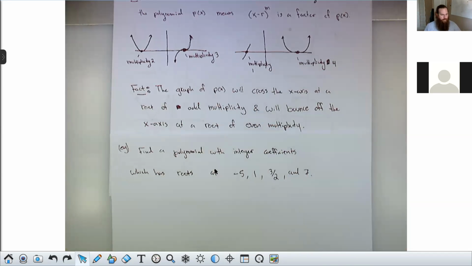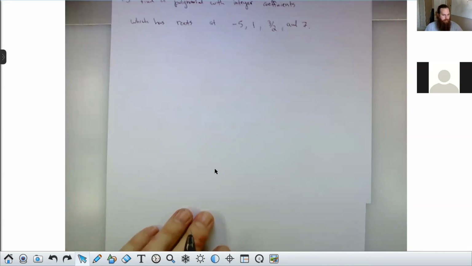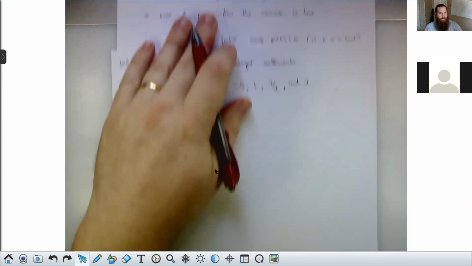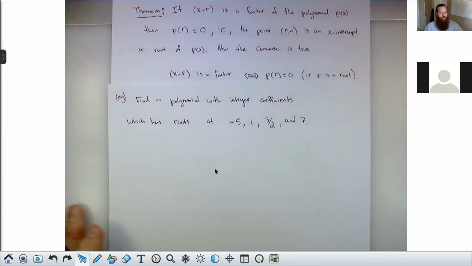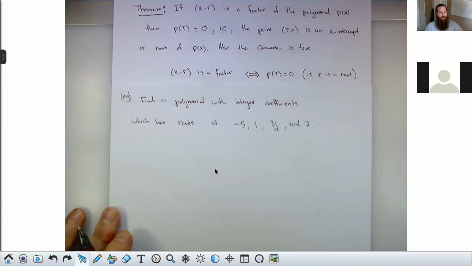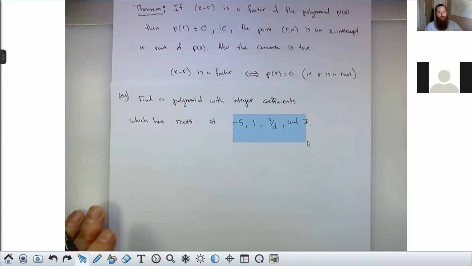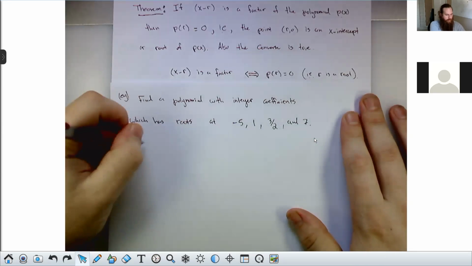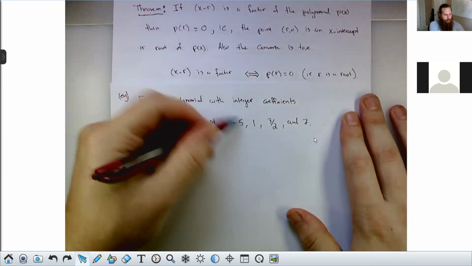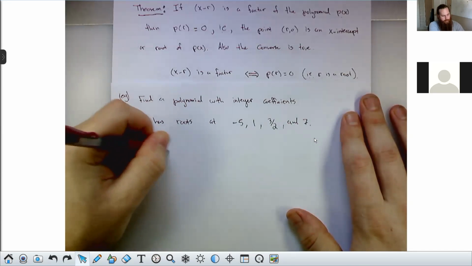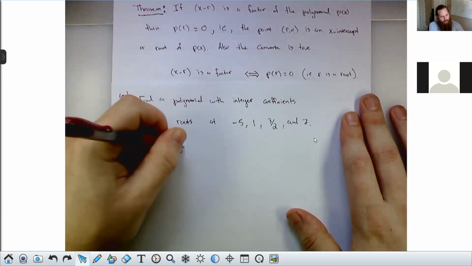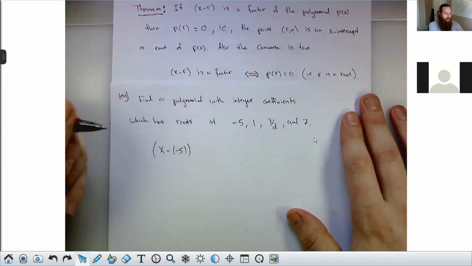Well, according to our theorem, roots come from factors. So for every one of these roots, there needs to be a factor. Yeah, that's exactly correct, Lily. So x equals -5 being a root means x minus -5 has to be a factor.